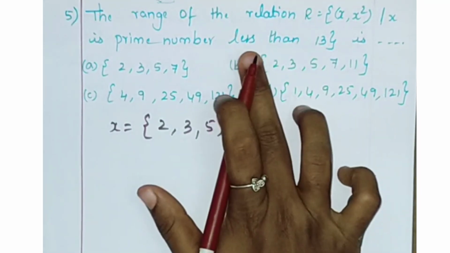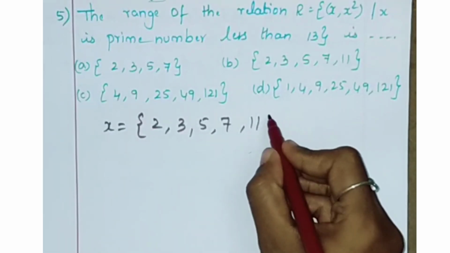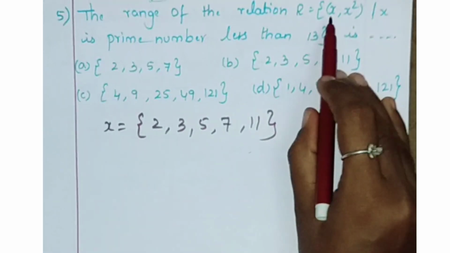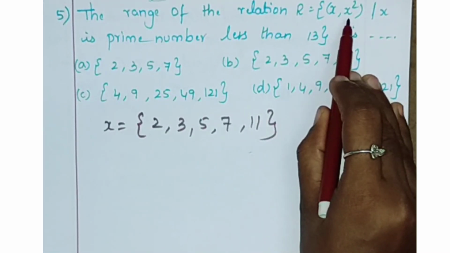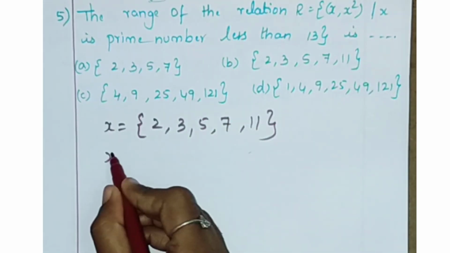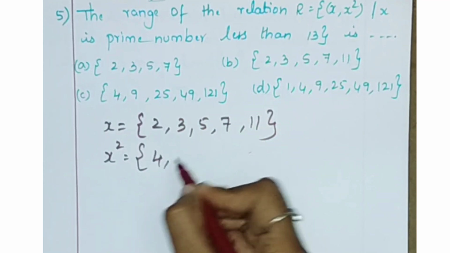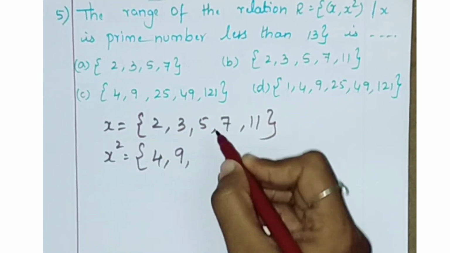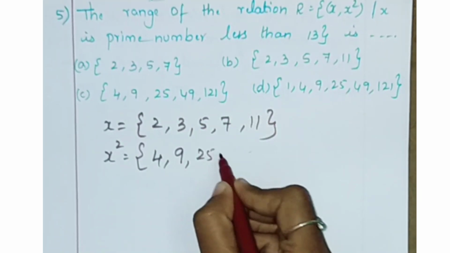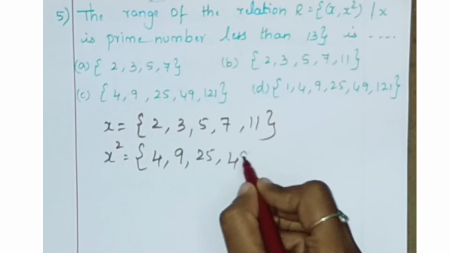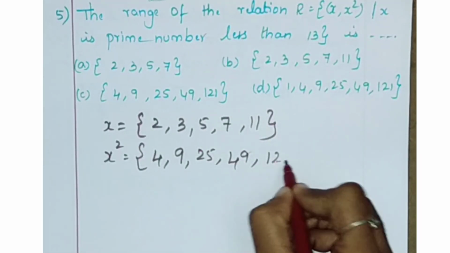Now you have to write x². Just square these: 2² is 4, 3² is 9, 5² is 25, 7² is 49, 11² is 121.